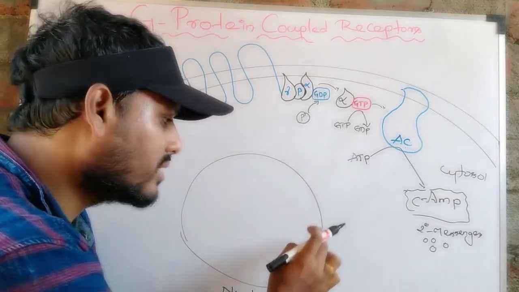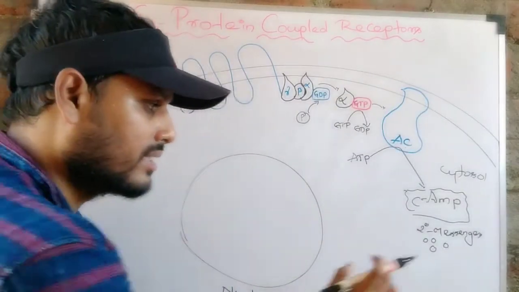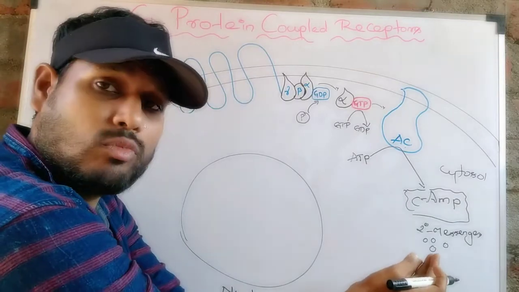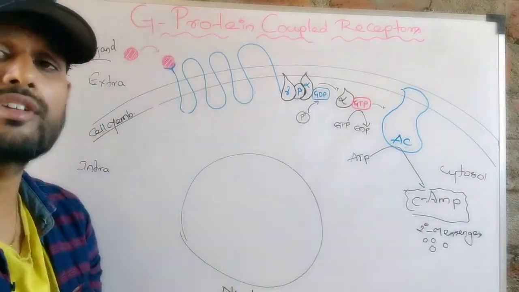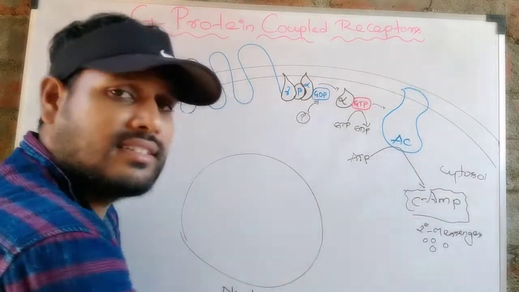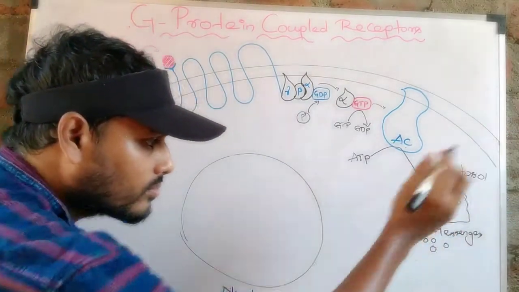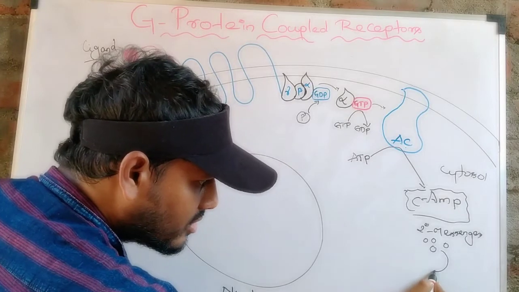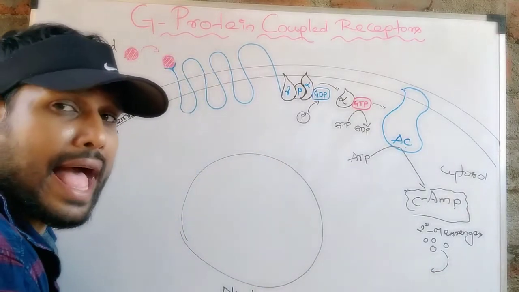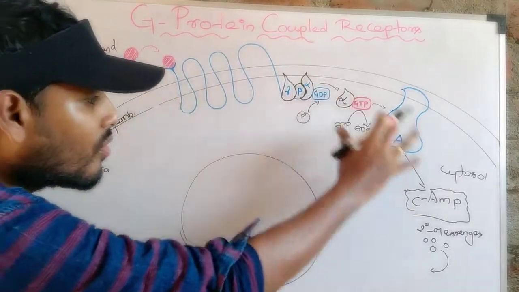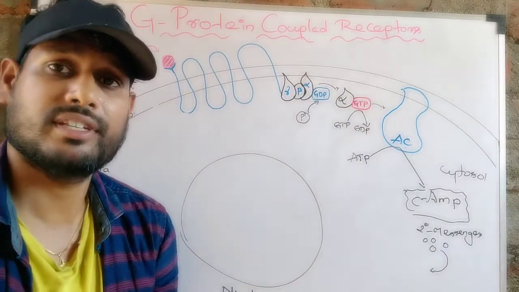These secondary messengers, or the structures of these signaling molecules, can't cross this nuclear membrane. They need another series of activations, right? Secondary messengers will go and activate the protein kinase, which is present in the cytoplasm region.